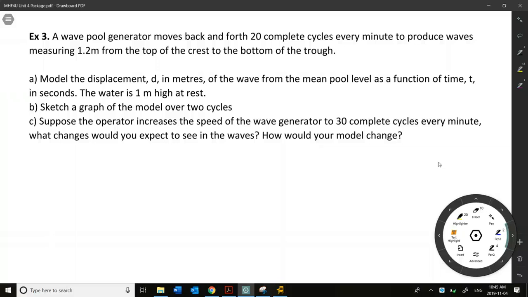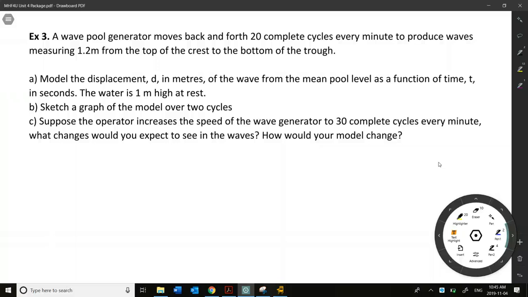Okay, so remember these good times? Let's reflect back on our wave pool experiences. Our wave pool generator, which is essentially the machine that makes the wave that comes out in the wave pool, moves back and forth 20 complete cycles every minute to produce waves measuring 1.2 meters from the top of the crest to the bottom of the trough.